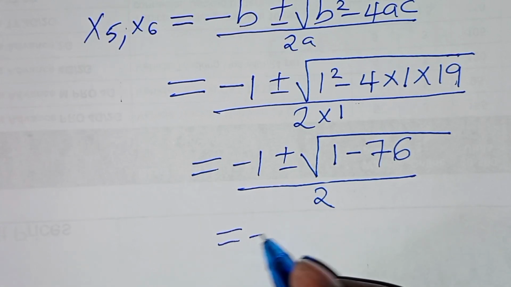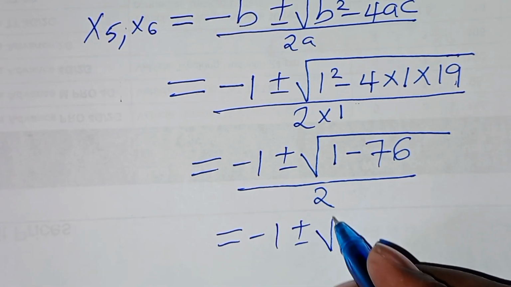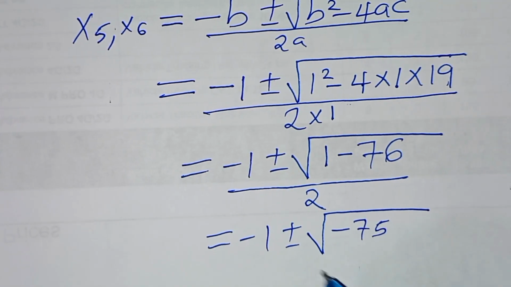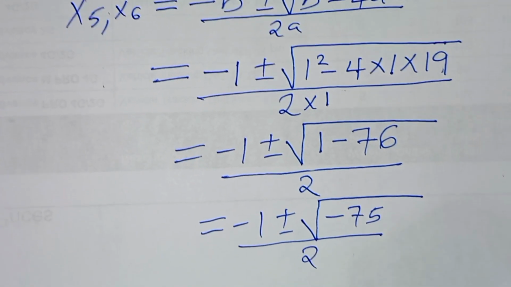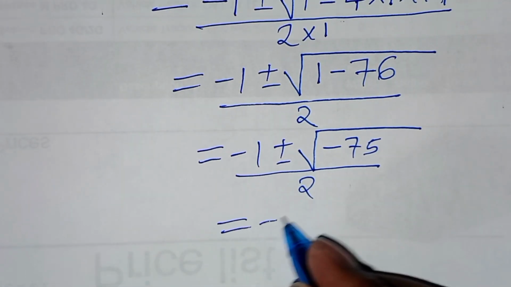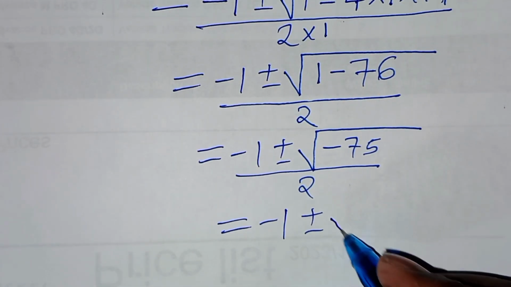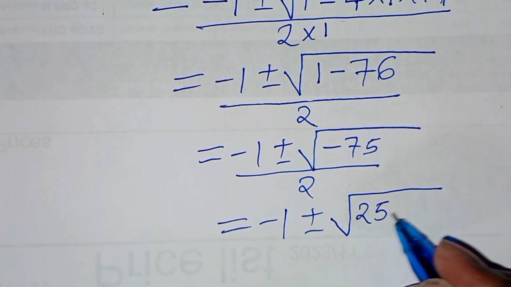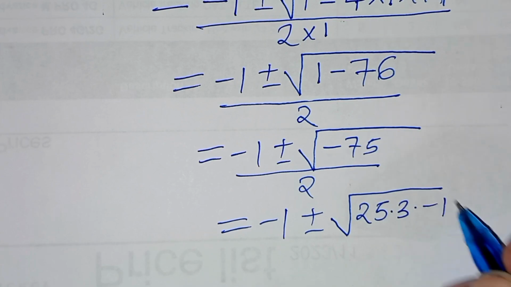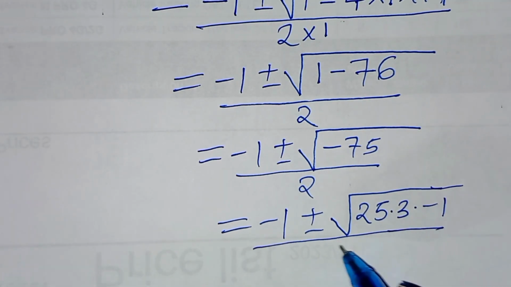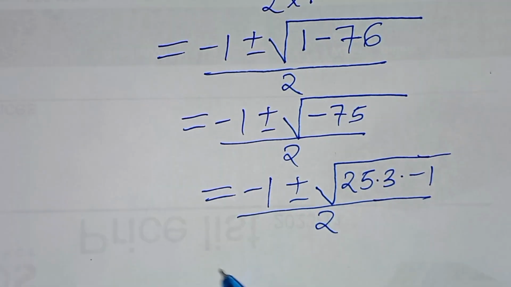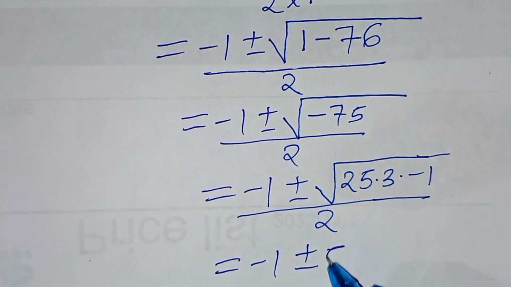So here we'll have minus 1 plus or minus the square root of 1 minus 76. This is minus 75 divided by 2. We can express the square root of minus 75 as 25 times 3 times minus 1, divided by 2. So here we have minus 1 plus or minus the square root of 25, this is 5.